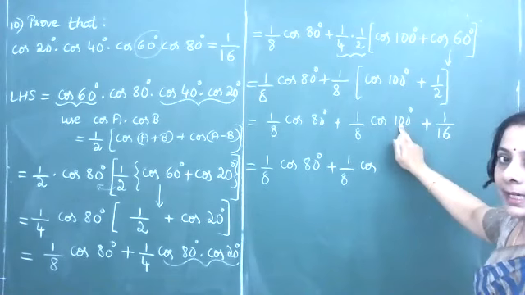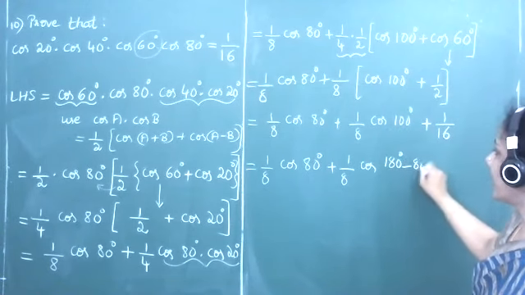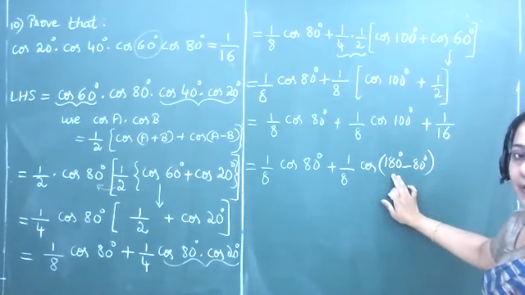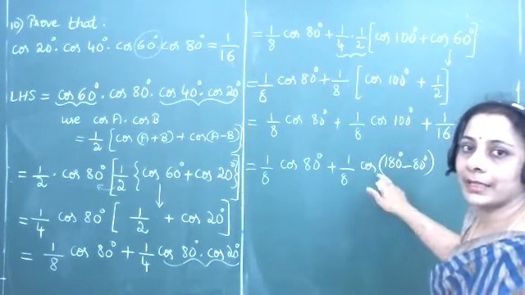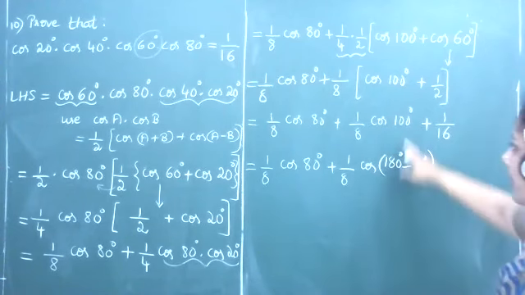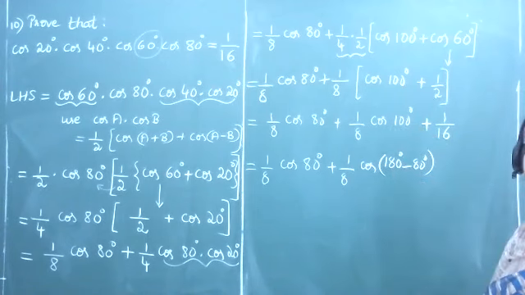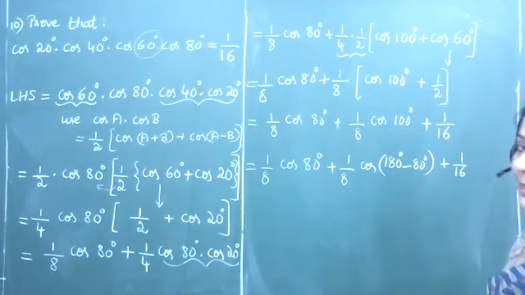Now this angle 100 can be rewritten as 180 minus 80. I am not using any allied angle concept in this step. I am using only the arithmetic computation for 100 degrees. 100 degrees I have just rewritten as 180 minus 80, plus 1 by 16 as it is.